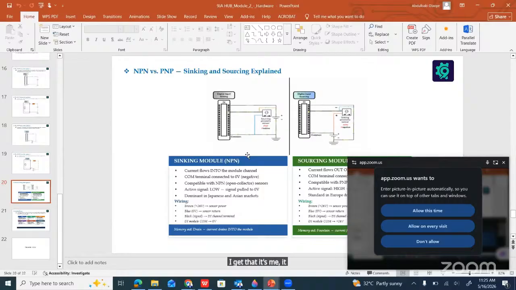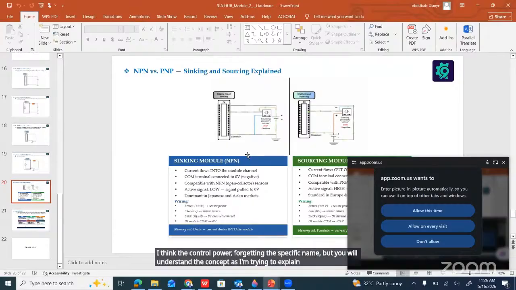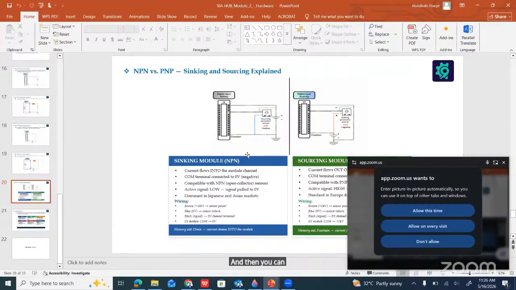It may take some time for it to sink in. Based on your question, the power that your CPU is having and can give to the other modules on the rack is sometimes considered the control power. I've forgotten the specific name, but you will understand the concept as I explain. And then you can have the load power.